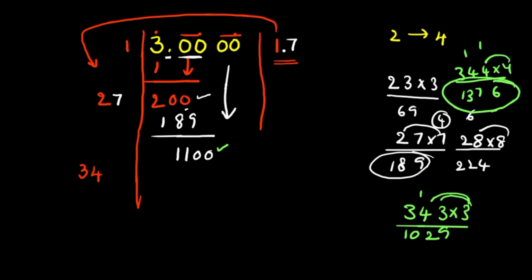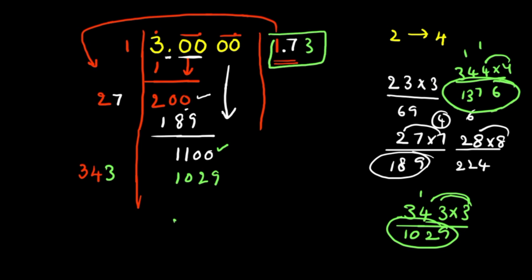So the suitable number is 3 here and 3 there, then the number is 1029. So this is the answer for root 3. Root 3 is equal to 1.73. I have taken only 2 decimal places.